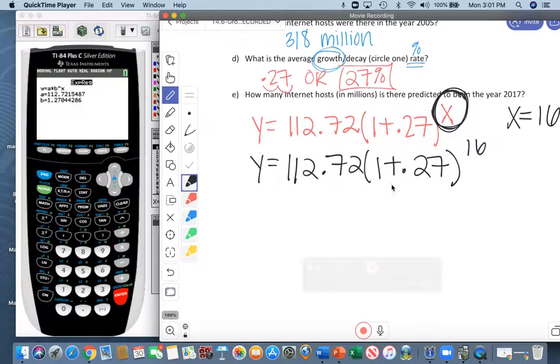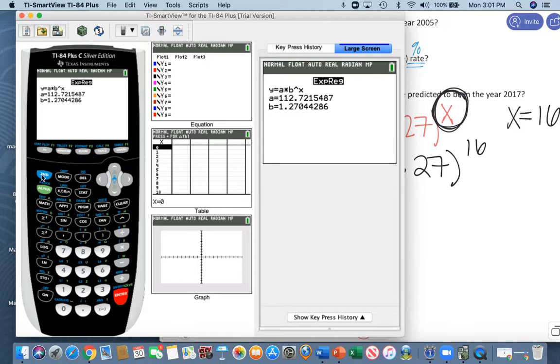So I can go back to my calculator and plug this in. If I go to second mode, I go back to home. So I've got 112.72 times 1 plus 0.27, close parentheses, the little caret button takes me up, and I'm moving to the 16th power.